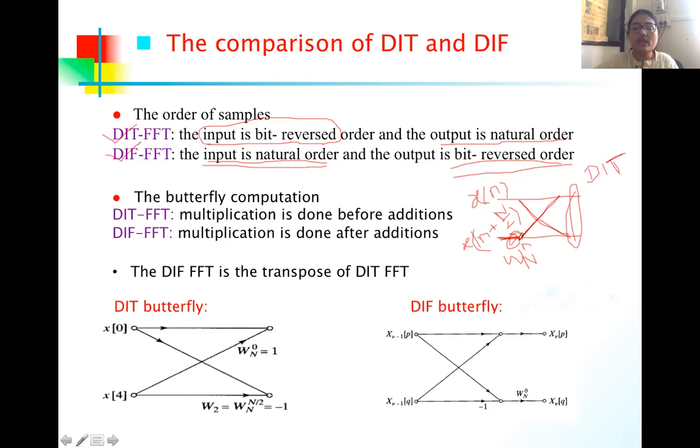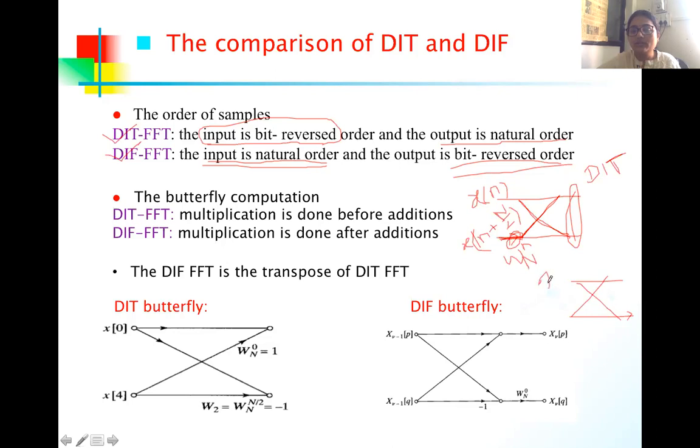Whereas in the DIF algorithm, as we observed earlier, we perform the addition and subtraction first, the complex addition, and then the multiplication by the twiddle factor takes place.